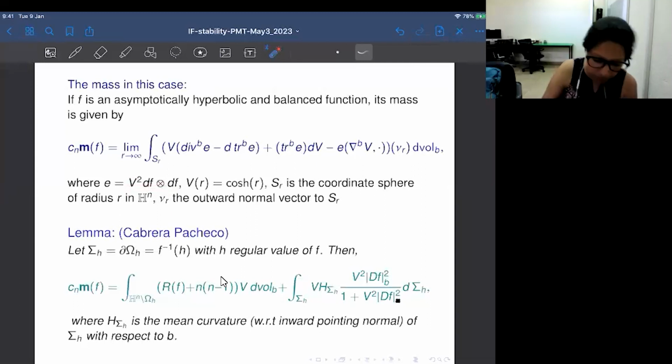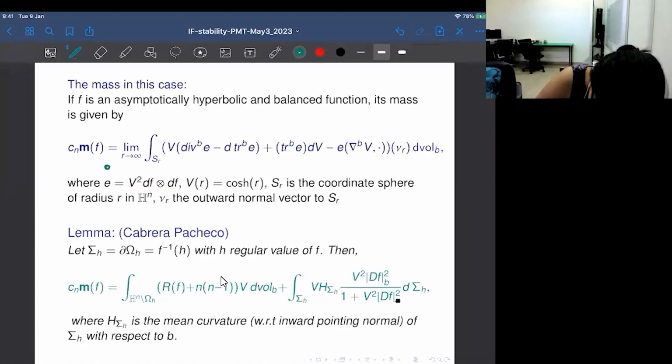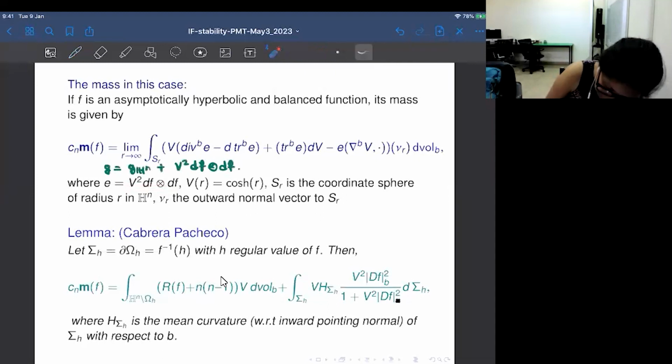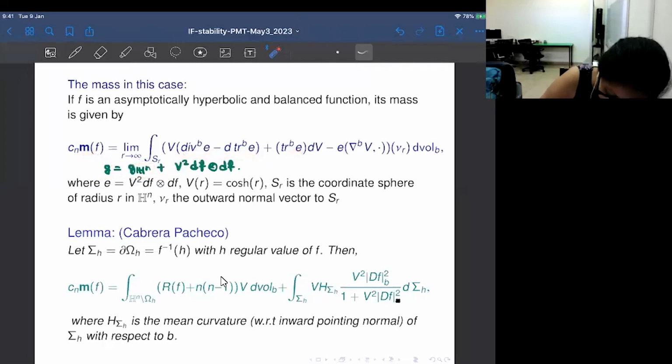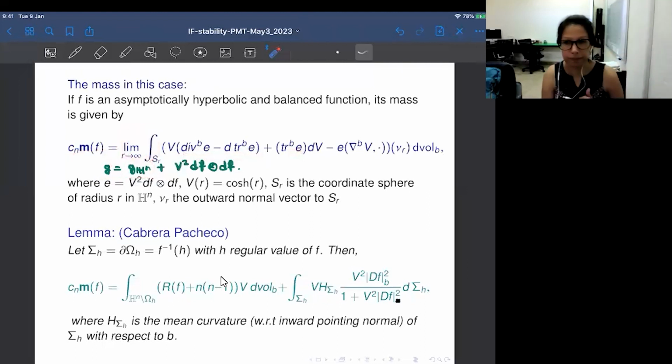And remember that our graph, I can also put the Riemannian tensor g, which is g_{H^n} plus b squared df tensor df. So basically this E is this hyperbolic tensor minus this hyperbolic tensor, and that's what gives me the mass. So we have to ensure that this thing converges, and it will converge to the mass.